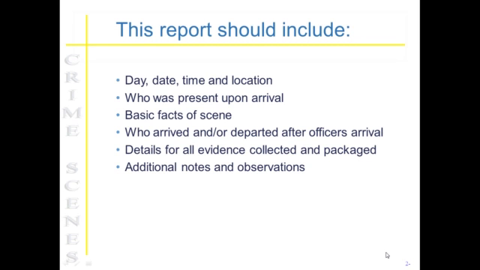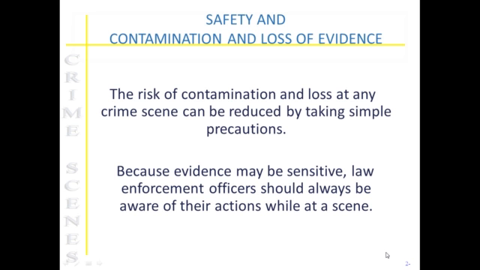In this report, the dates, the times, the location, who was present at the scene, basic facts of the scene itself, personnel that arrived or departed, and any evidence that was collected and packaged. A lot of these main details would be written in the report itself. Other details, notes, and observations might be contained as part of the notes attached to that final report.